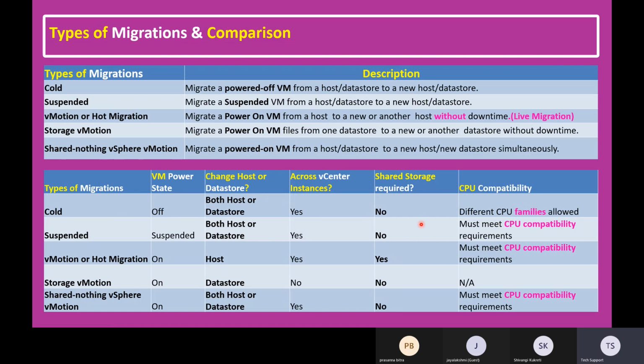And CPU compatibility. This is one of the important points. If you want to perform a migration from one host to another or one data store to another data store, CPU family should be considered. So different CPU families are allowed. Different CPU family means, let's say one ESX host is running with an Intel processor and another ESX host is running with an AMD processor.